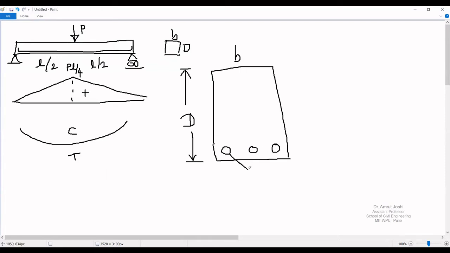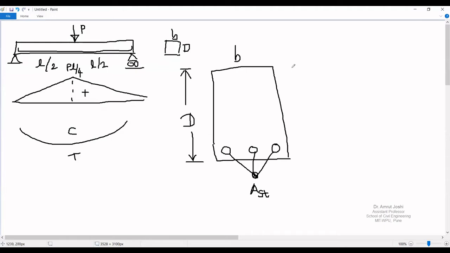So I am collectively going to call these bars area of steel AST, area of steel provided on tension side of bending.